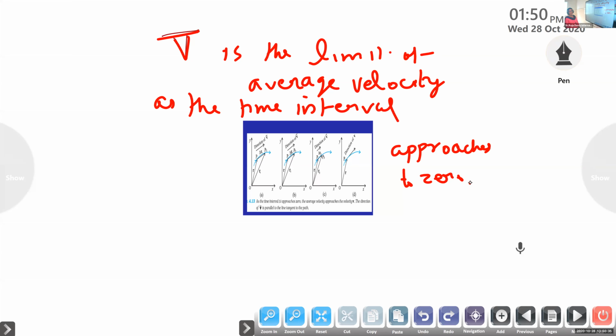So instantaneous velocity is the limit of average velocity as the time interval approaches zero.